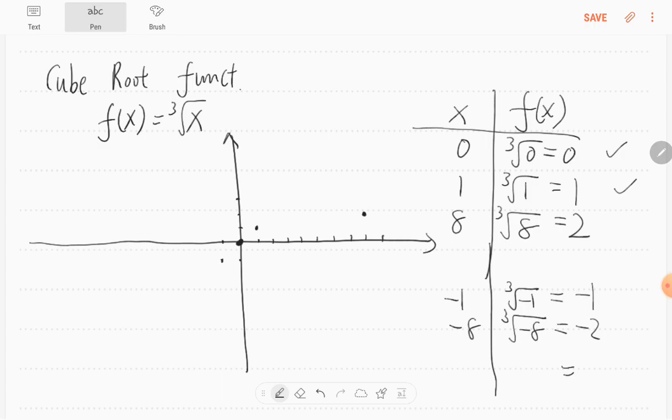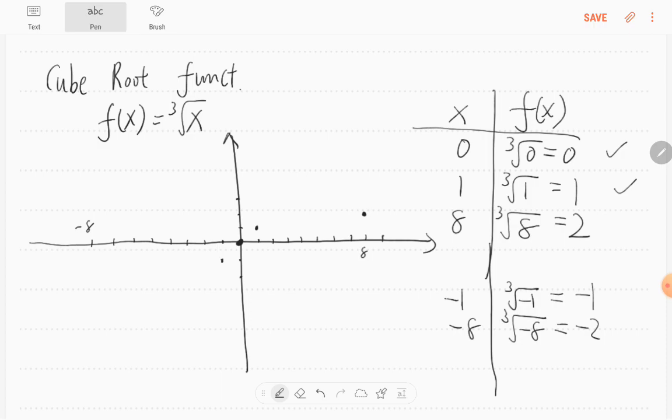When x equals negative 8, counting 1, 2, 3, 4, 5, 6, 7, 8, negative 8, it's equal to negative 2.